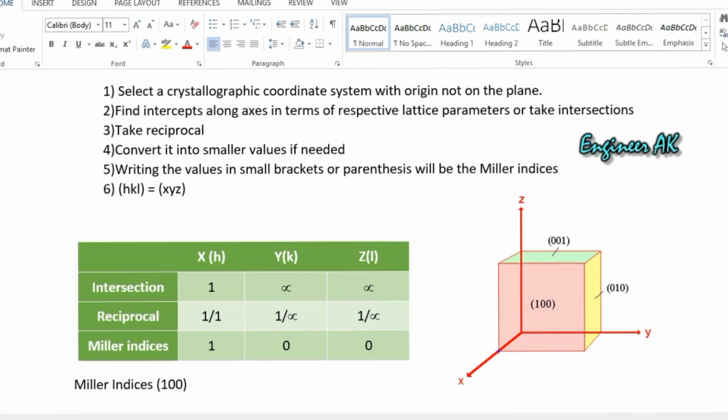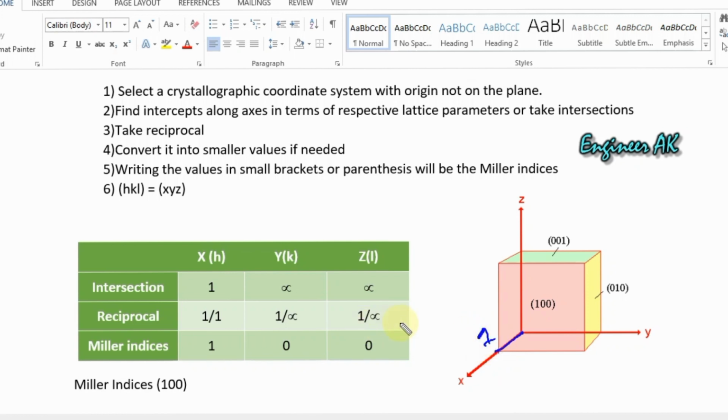So let's show a simple example so you will understand how it works. Now I want to find the Miller indices of this red one, right? If I am taking this as my origin, at the x-axis it is cutting at 1.